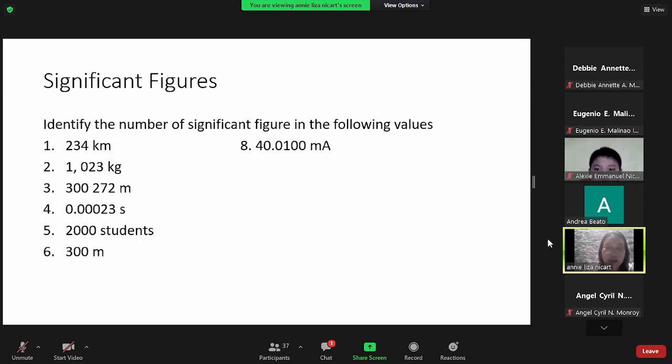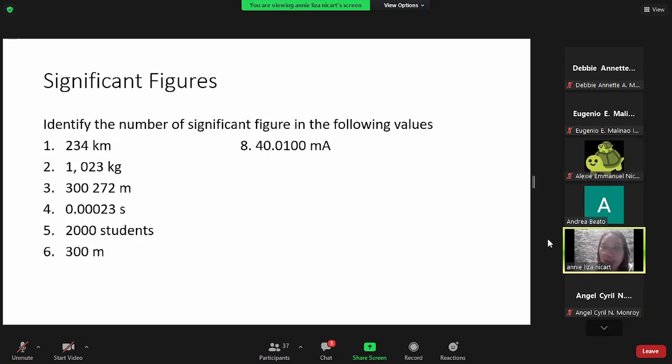Here there is no symbol indicating that they are significant. Therefore, they are not significant, so there is only one significant figure in number 6.